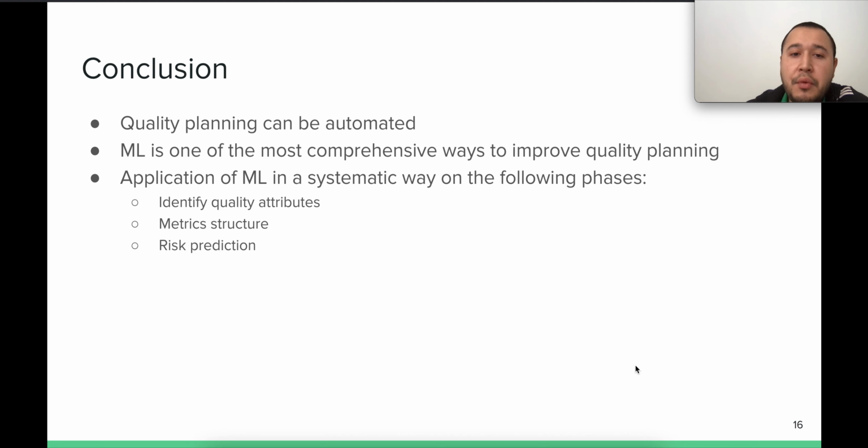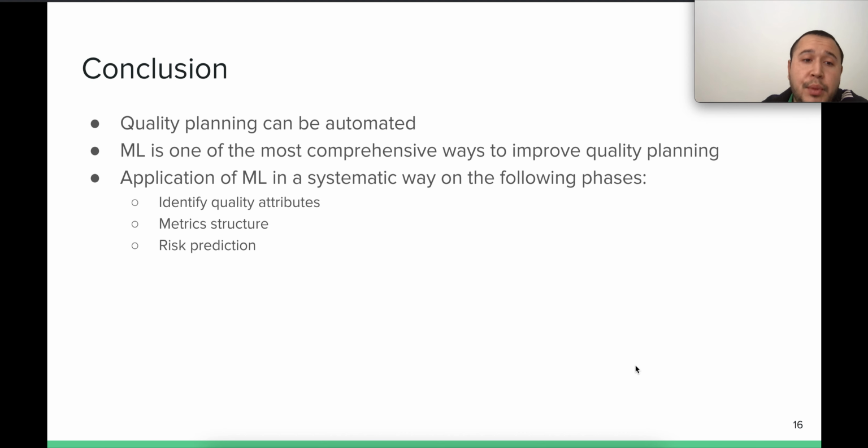As a way of automation, we have considered machine learning techniques, right? We have defined this automation in three phases, three steps, and in each of the steps, we suggested using machine learning techniques.